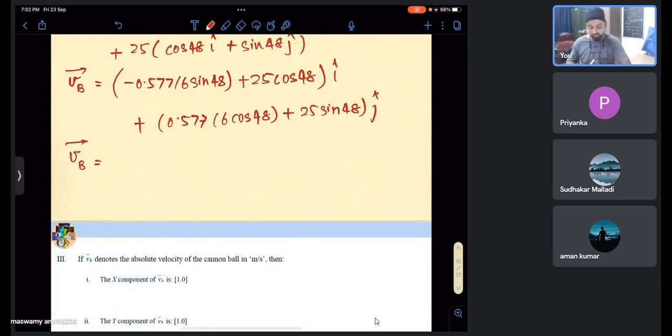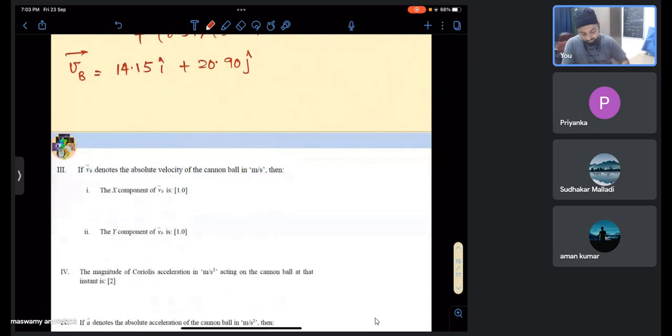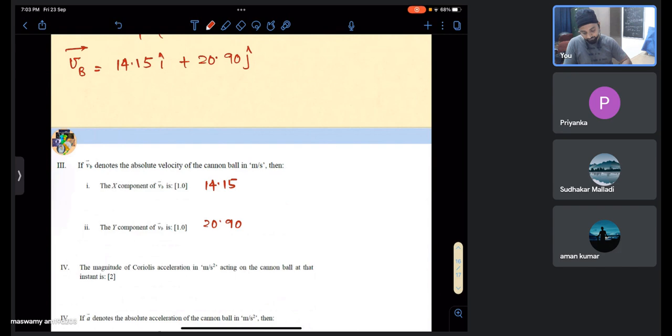So what does this come out to be? 14.15 i plus 20.90 j. I hope it adds up. Okay, so this is 14.15, this is 20.90.